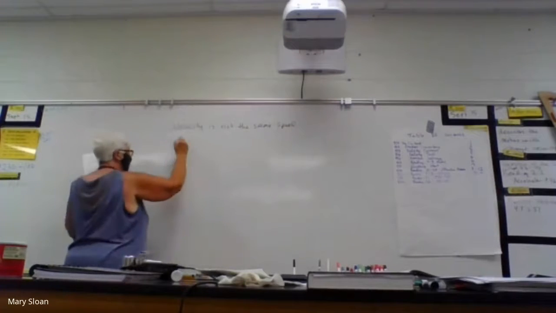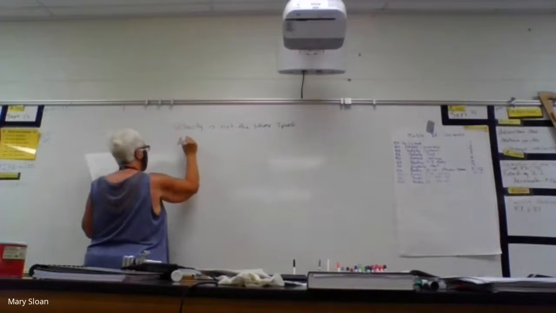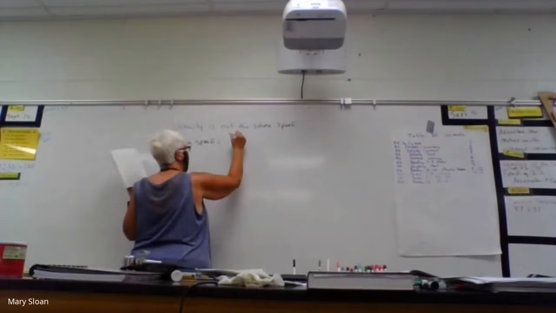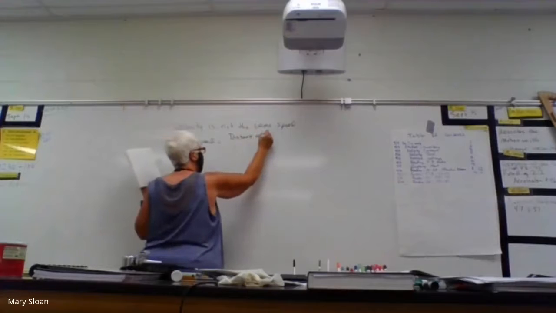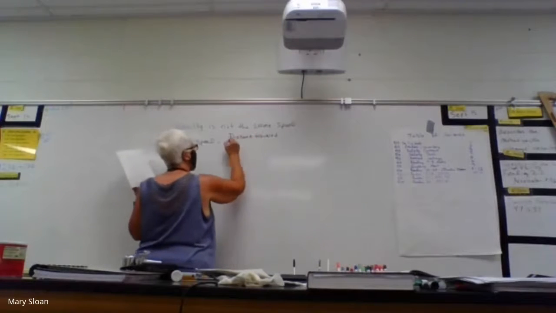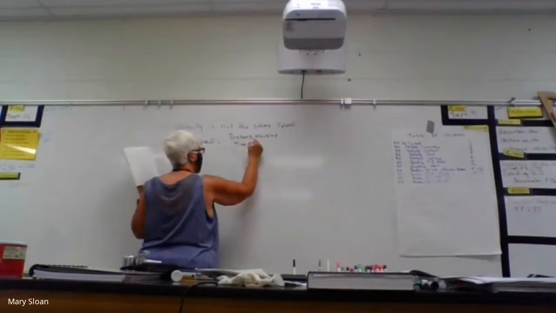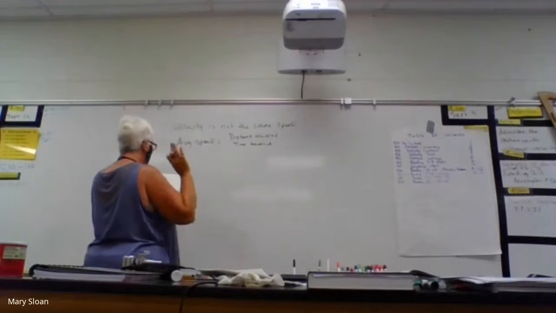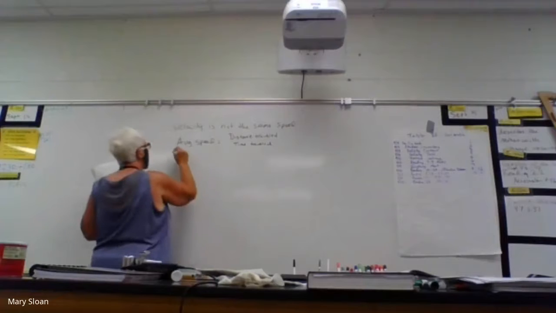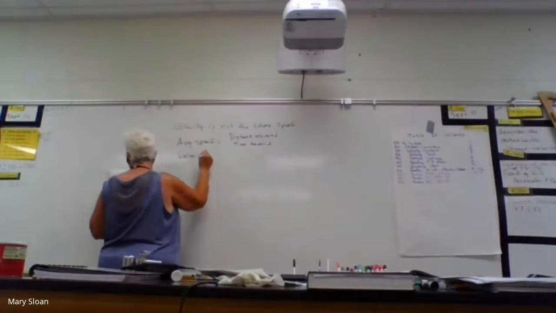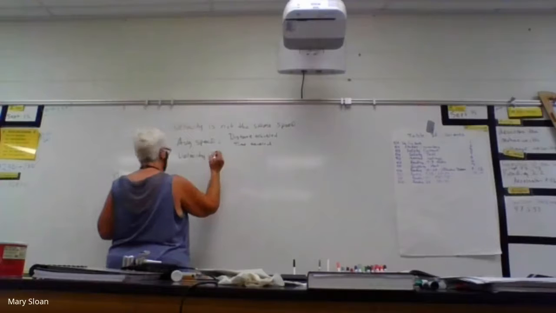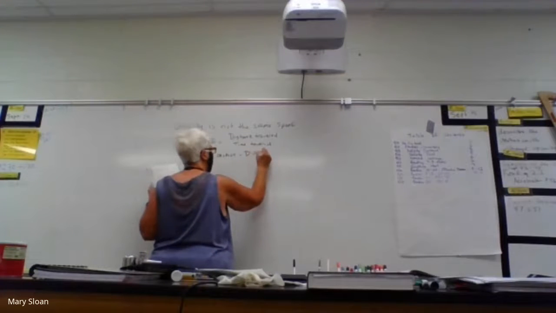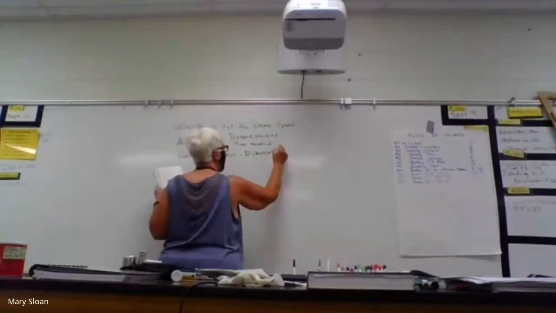When we're talking about average speed, we're talking about distance traveled over time traveled. When we're talking about velocity, it describes motion with both direction and numeric value.